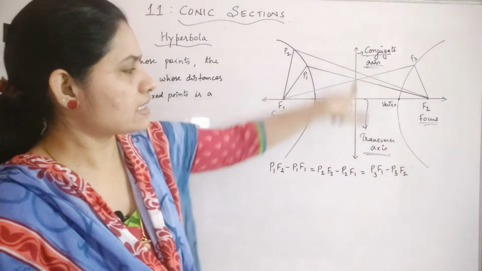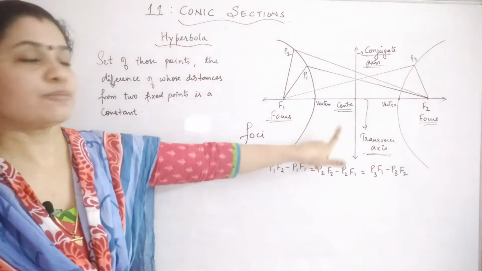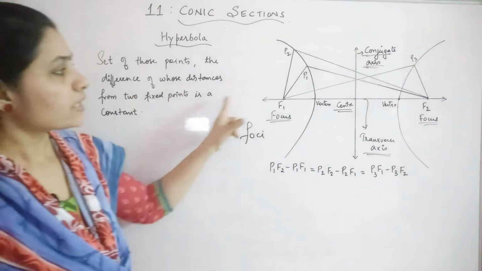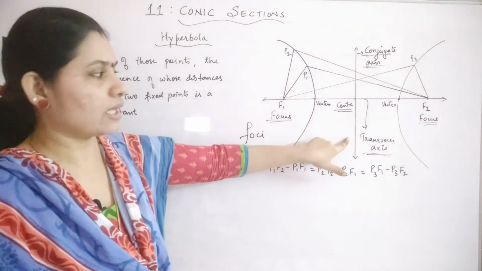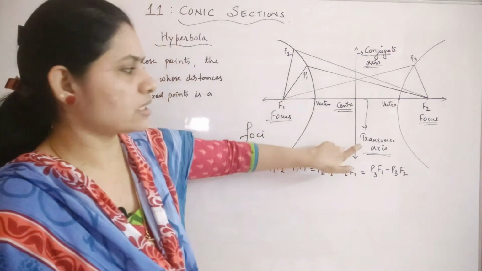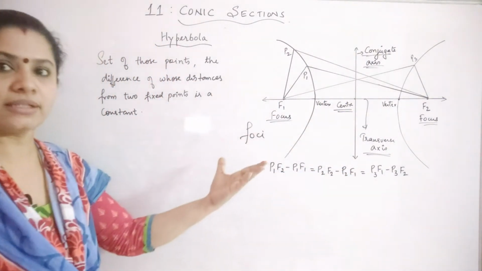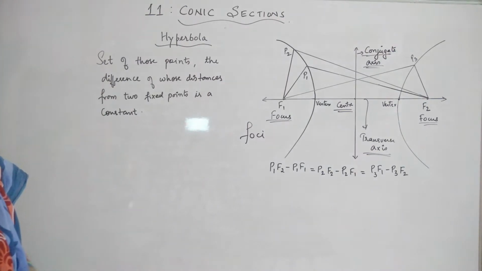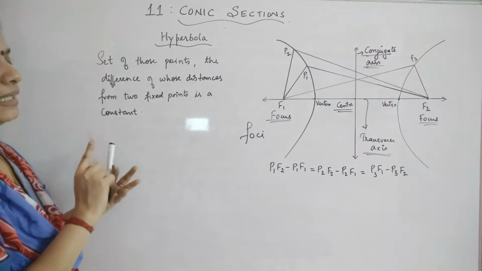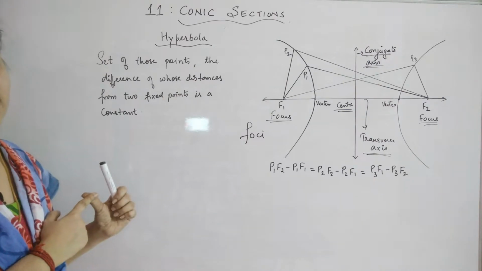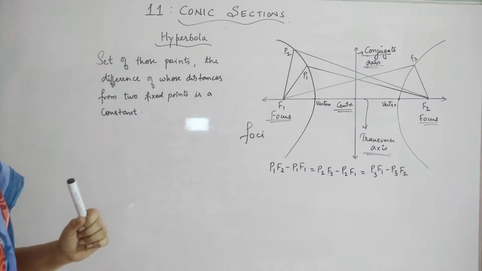Whichever line is passing through the focus gives you the transverse axis. Here you have the focus, so it is the transverse axis. You have another type also that we will discuss later. So these terms are clear, I think: foci, conjugate axis, transverse axis, center, and vertices of the hyperbola.